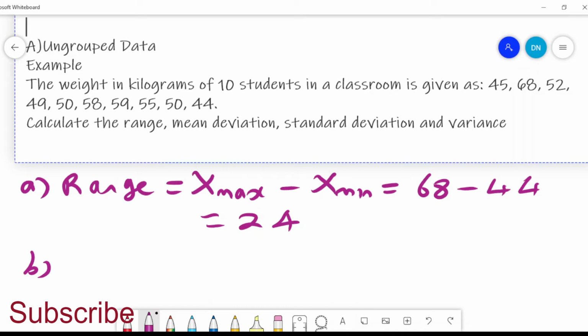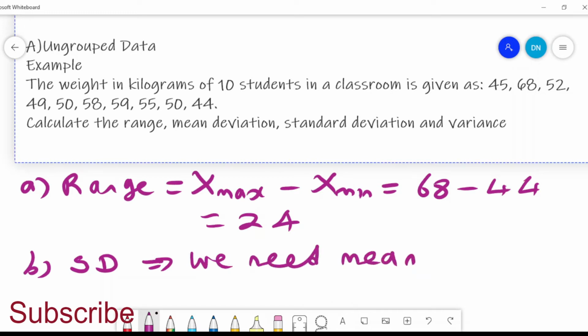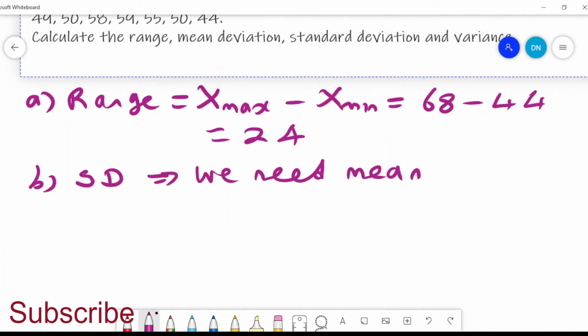The second one we need to get is what we call the standard deviation or the mean deviation. If I was to get the standard deviation, which I call SD, we need to get the mean, and we are going to calculate the mean so that we know how to calculate the standard deviation. The mean is given by x bar, which is the sum of x over n, and that means you sum all those values that you have there.